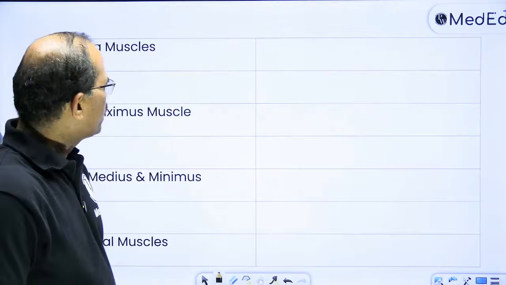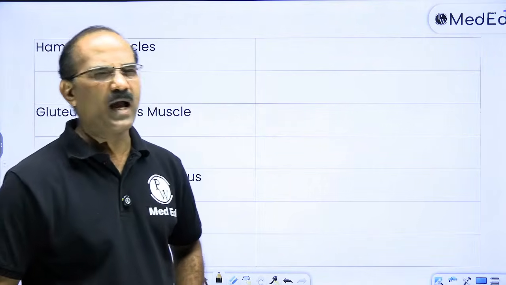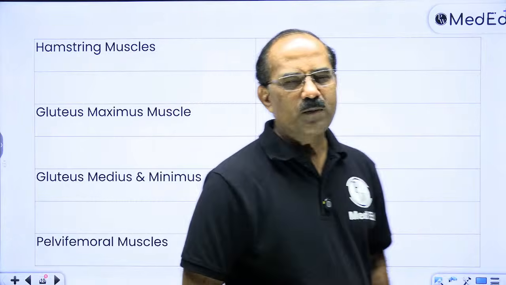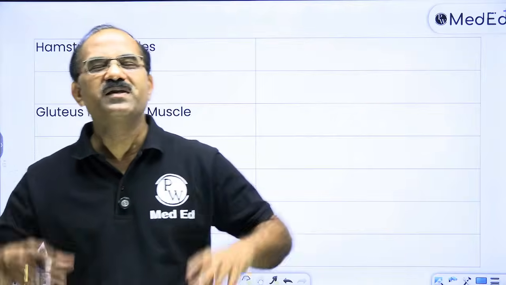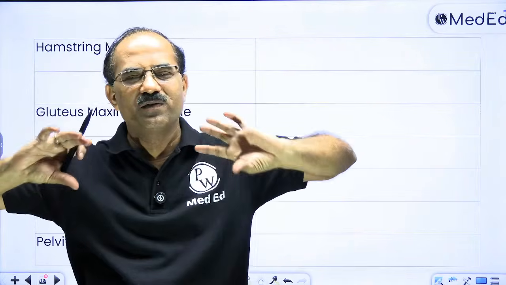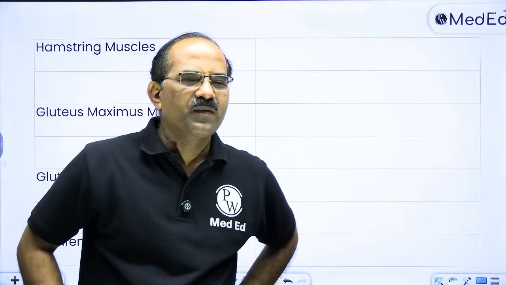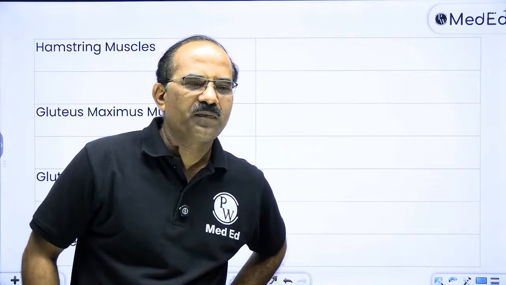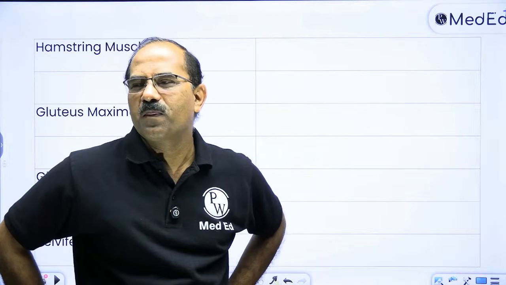Okay बच्चों, coming to the next set of the slides. Can you tell me something about the hamstring muscles? Hamstring मतलब they support the pelvis on the femur. Which are the hamstring muscles? Come on. चलो बोलो.